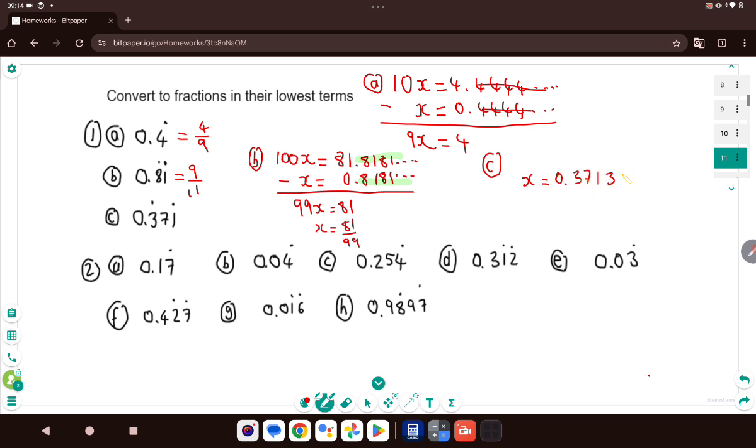And part C. This repeats 3 times, 371, 371, etc. I'm going to multiply it by 1,000 this time, because it's triple digit repeating. Get my decimal points lined up and all my digits lined up. Oops, subtract.